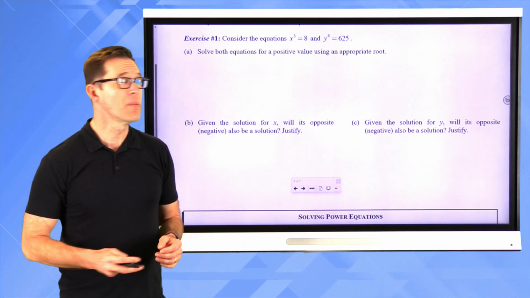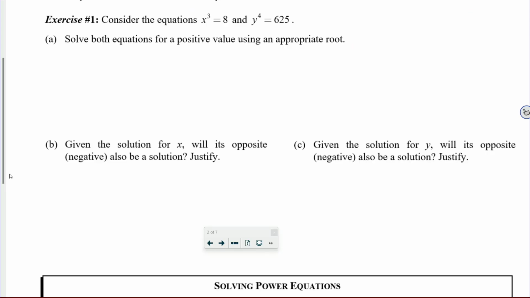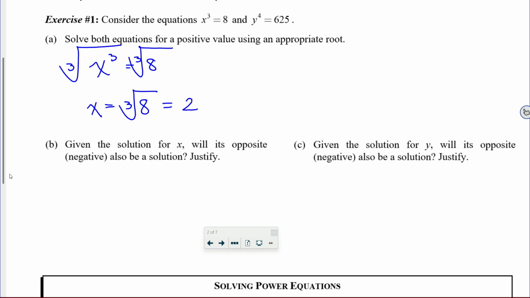Well, it should be rather simple. If I've got x cubed equal to 8, I will take the cube root of both sides. That leaves me with x equals the cube root of 8, which I could find on my calculator, but I know that that's 2.